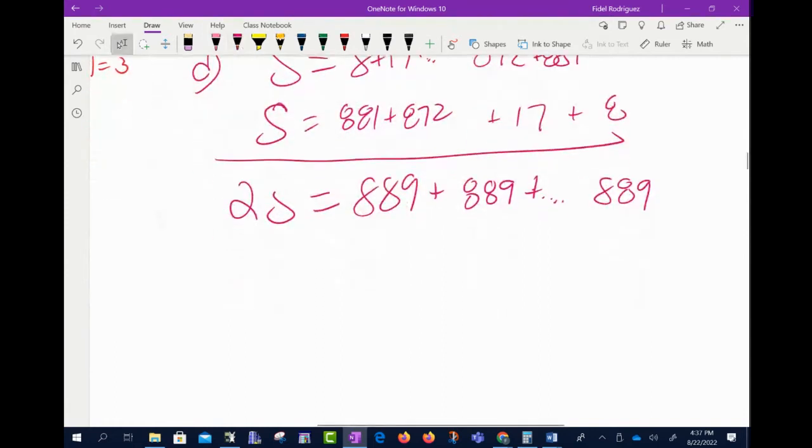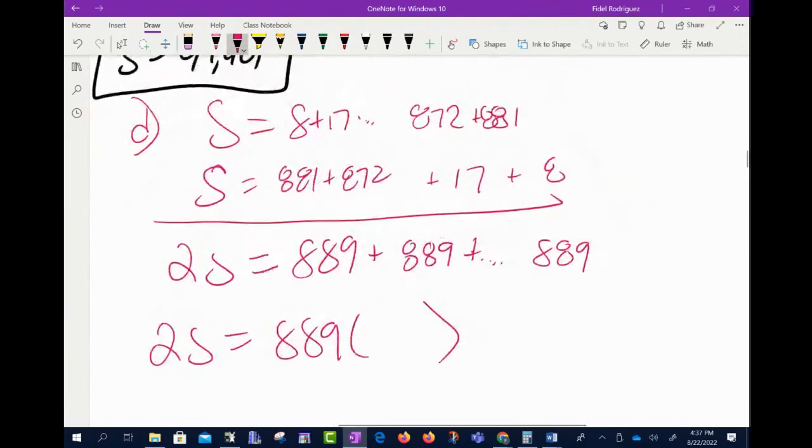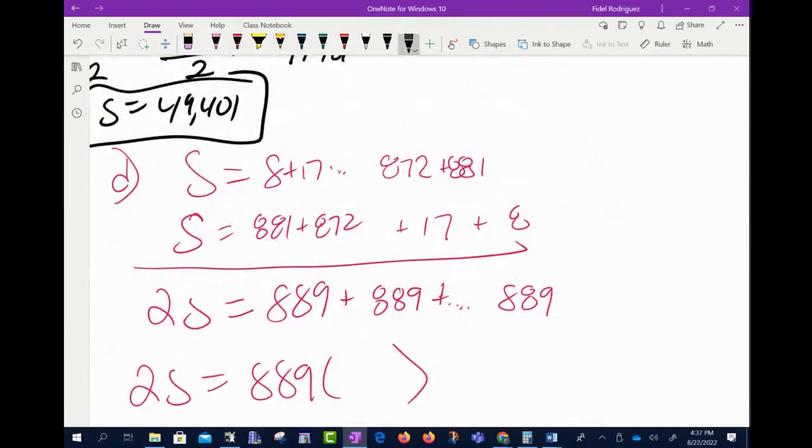So now I know that means that I'm adding 889, but how many times? So remember, the formula again is going to be what's the difference in those numbers? 9n minus 1, right? So again, just to show you, I want to make sure you guys believe me. That's the first term, that's the second term. 9 times 1 is 9, minus 1 is 8. 9 times 2 is 18, minus 1 is 17.